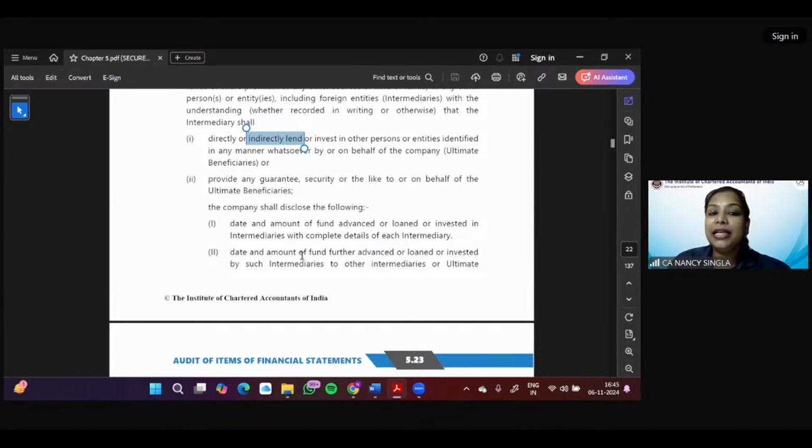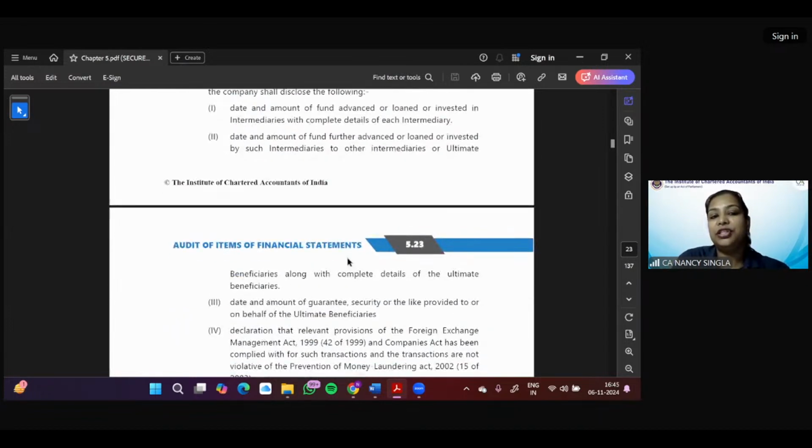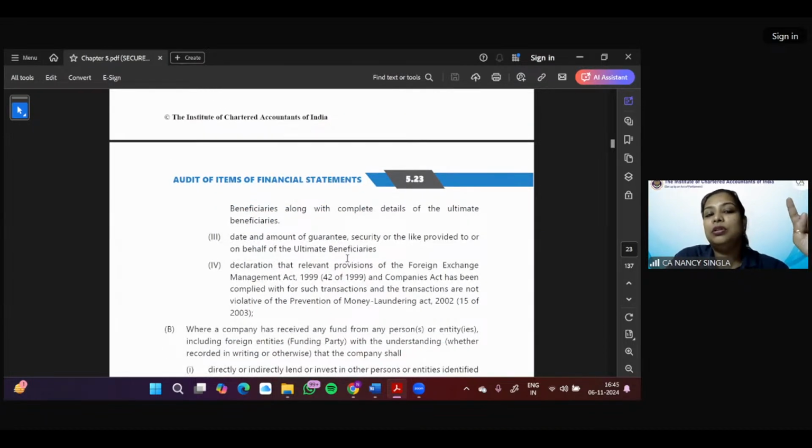Simple. The date and amount of funds further advanced, loaned or invested by such intermediary to other intermediaries or ultimate beneficiaries, along with the complete details of the ultimate beneficiaries. Now this clause is talking about Z: the complete details of Z, and the date and the amount. The third clause says the date and amount of guarantee, security or the like provided to or on behalf of the ultimate beneficiary.